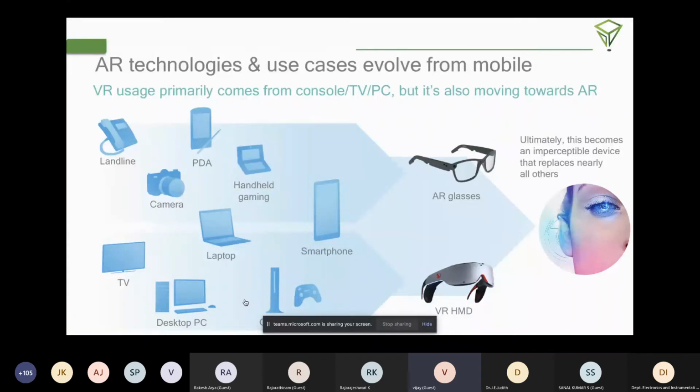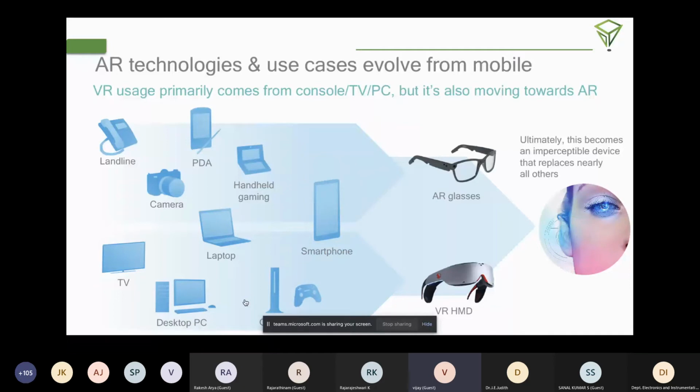But you don't require that kind of time frame for AR VR. The reason behind that is all the technology, all the learning that we have gone through in smartphone. If you look at the smartphone, it was an evolution from landline phone to a PDA, which is Palm, to camera, handheld gaming, laptop.